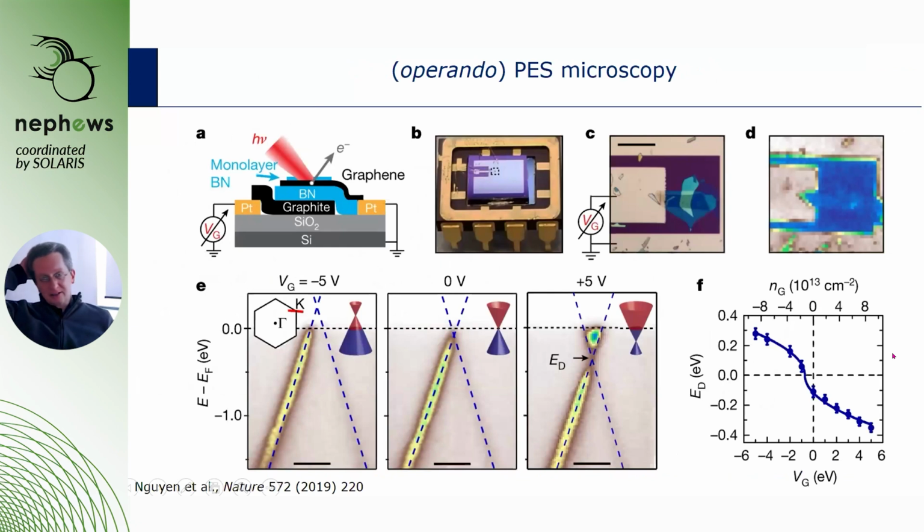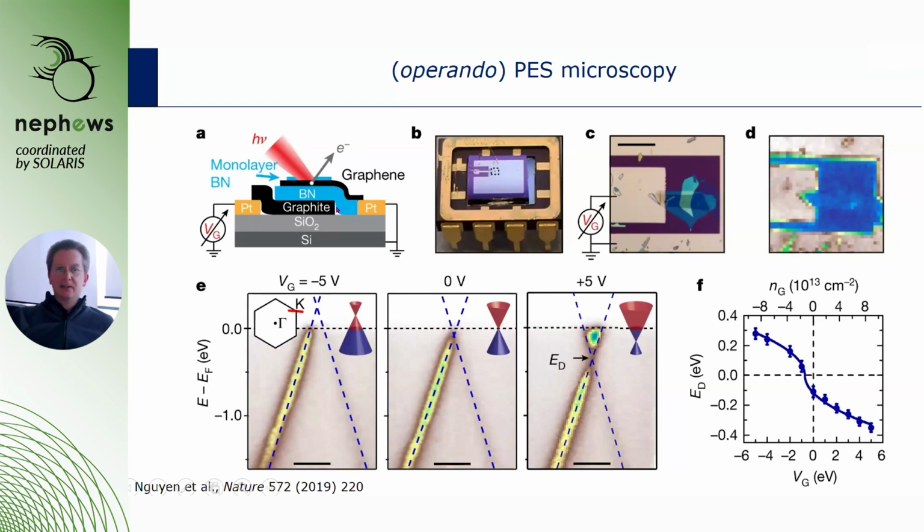And of course, there's another way you can play with photoelectrons, that is then photoelectron microscopy. It can be done in the lab, but sometimes there's a good reason to go for the synchrotron for that, to change, for instance, the photon energy. Here's an example of a graphene layer that is sandwiched between two boron nitride layers. And then we do photoemission on that with a very small spot at the synchrotron.